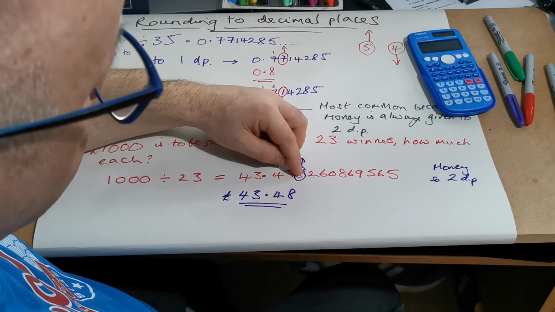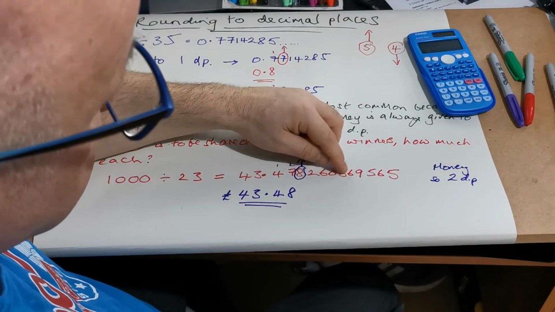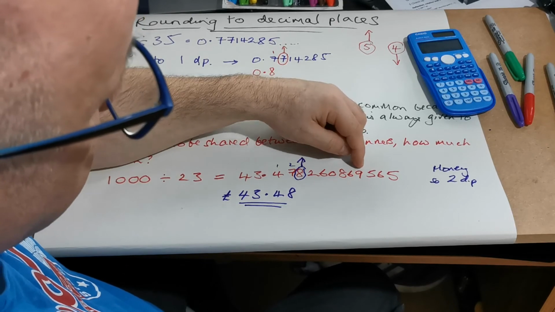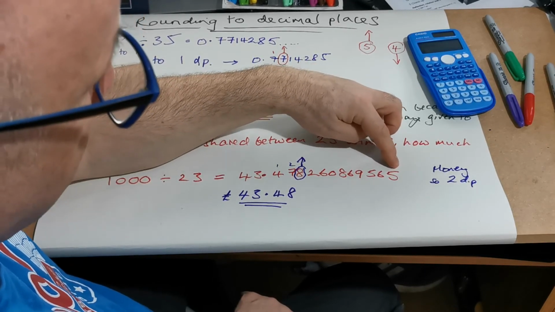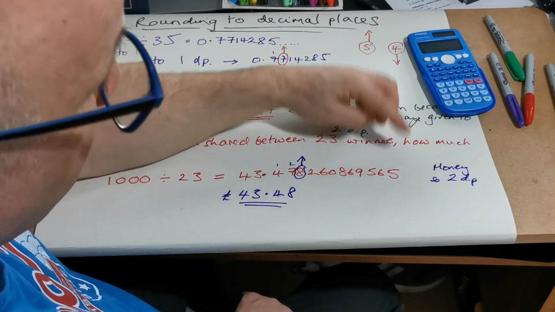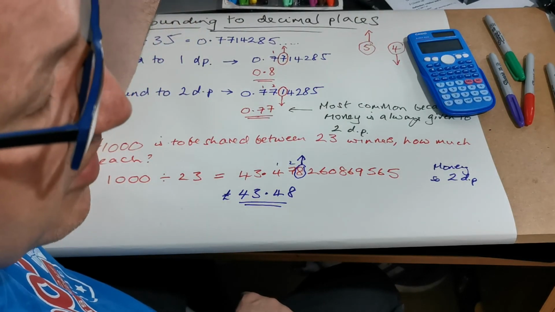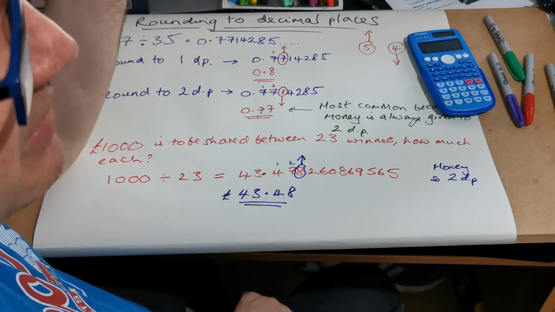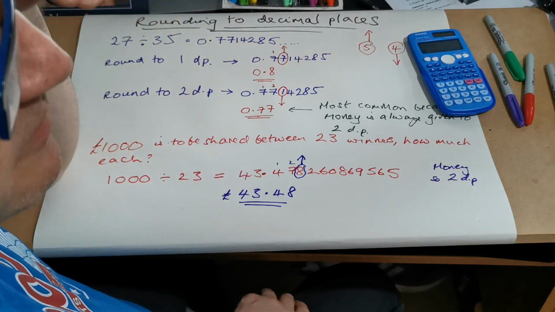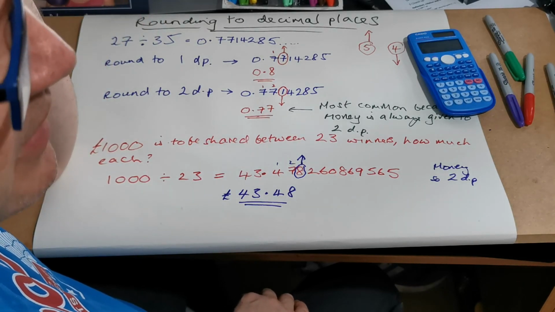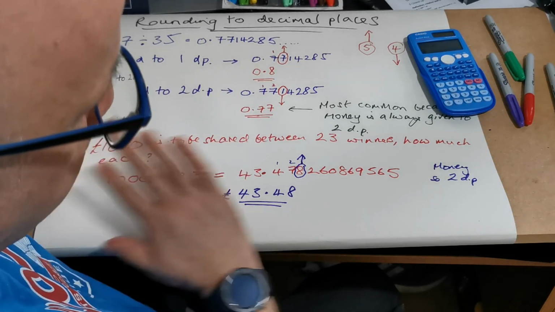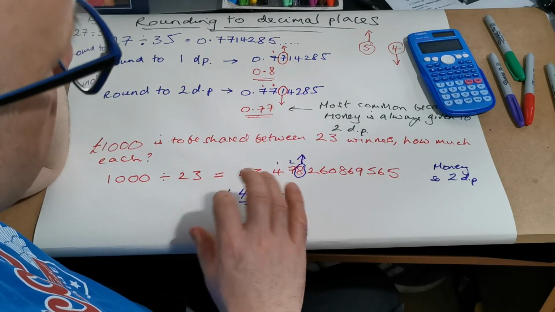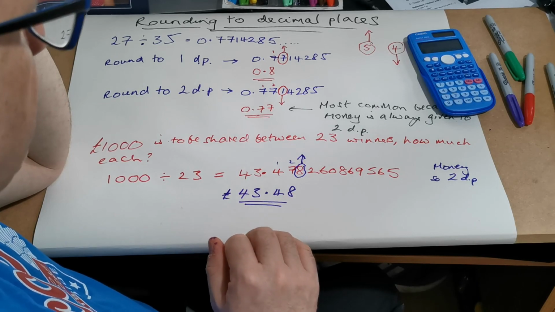Here we've got 1, 2, 3, 4, 5, 6, 7, 8, 9. This is 9 billionths. This is 5 trillionths of a pound. What use is that? No use at all. If I gave you a treat for your birthday and gave you 5 trillionths of a pound, what would you buy with it? Absolutely nothing. So we round off to work with values that are useful. Okay?